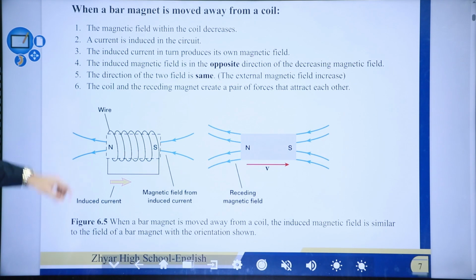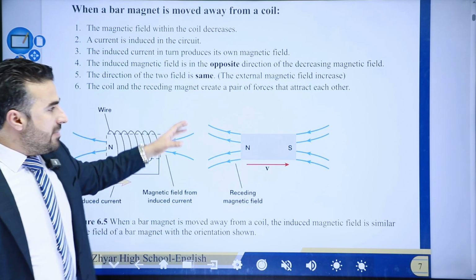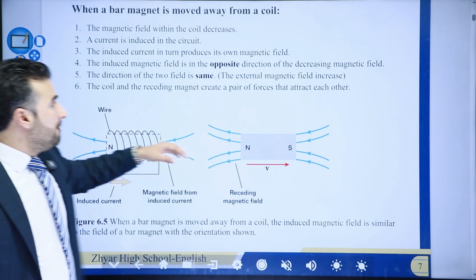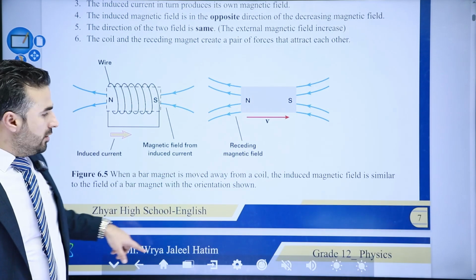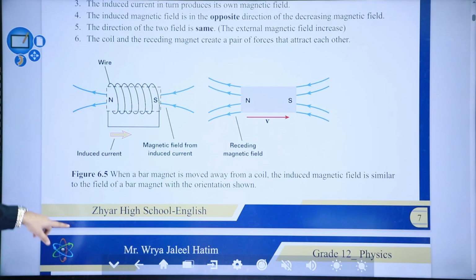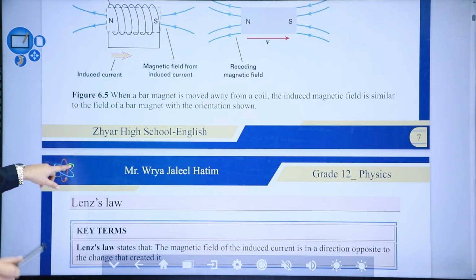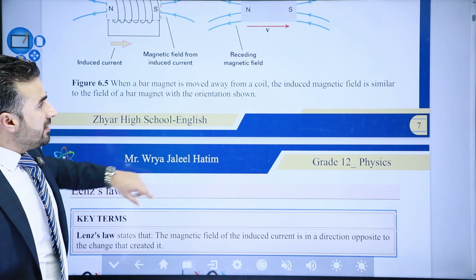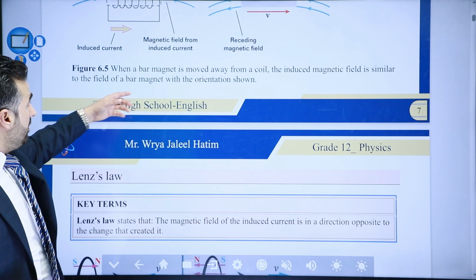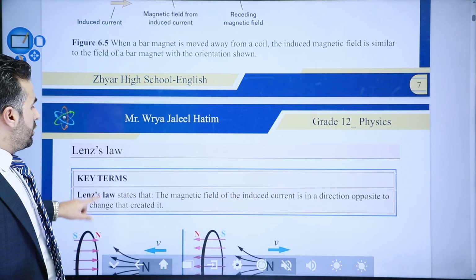And of course, the coil and the receding magnet, the magnet that is moving away, create a pair of forces that attract one another. And that is all about the property of the current that is induced here. So this one says when a bar magnet is moved away from a coil, the induced magnetic field is similar to the field of the bar magnet within the orientation shown here.